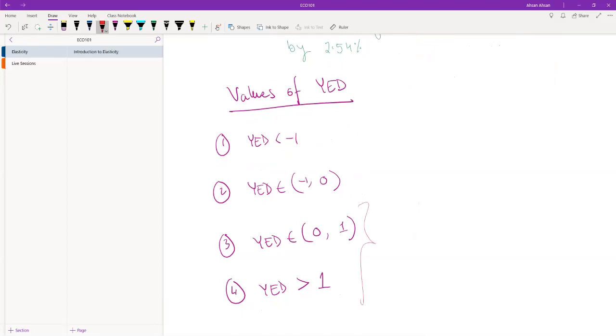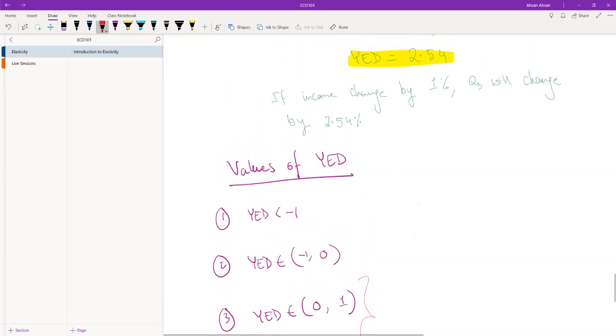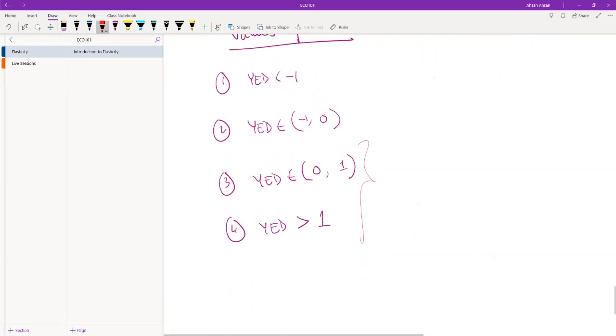Let's talk about this. So for example, in our example, we saw that YED is 2.54. So that's here when YED is more than 1. Similarly, if YED was 0.5, for example, what would that mean? A YED of 0.5 means that if income increased by 1%, our demand for the good will increase by 0.5%. If income increased by 10%, demand will increase by 5%.